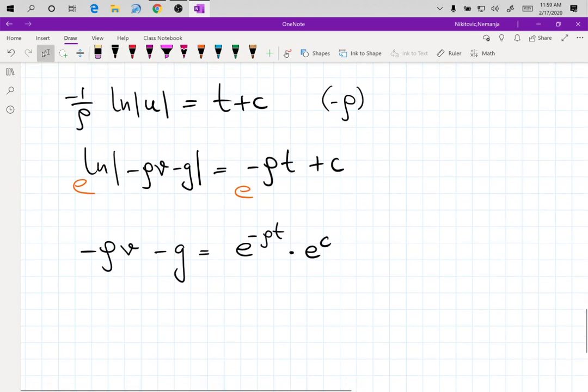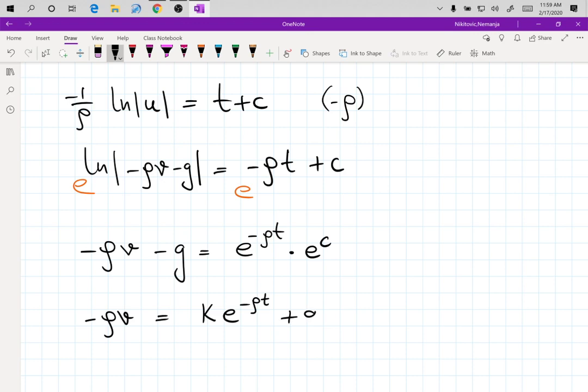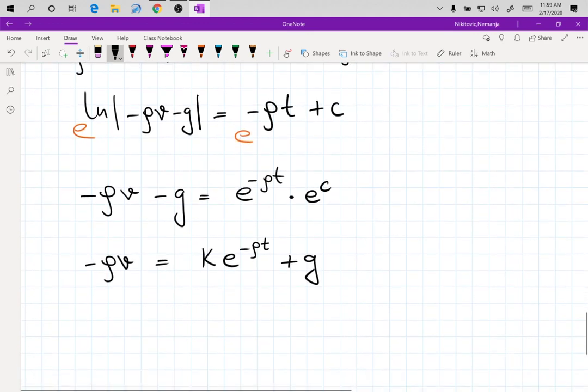Now you will add g. Divide by negative rho. So negative rho v is going to be, I'm just going to call this capital K now, e to the negative rho t. And there's going to be a plus g over here.